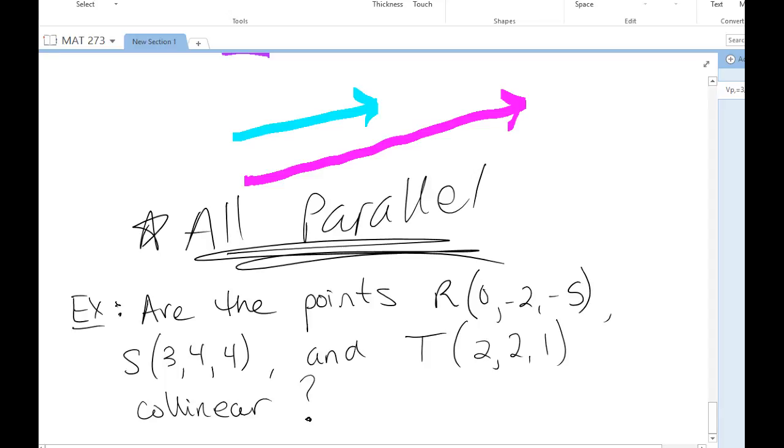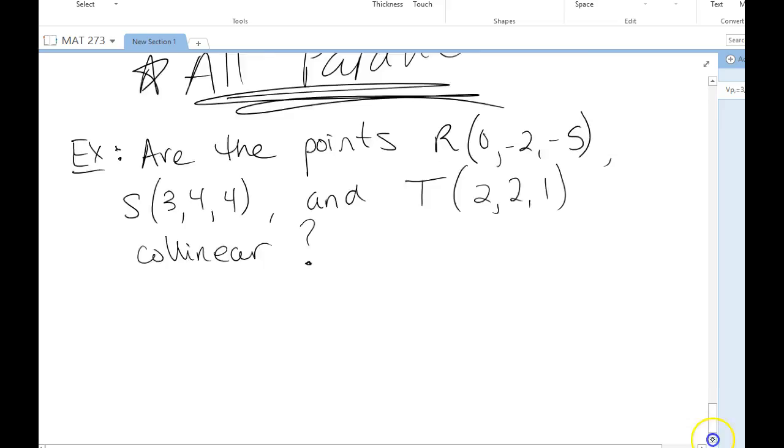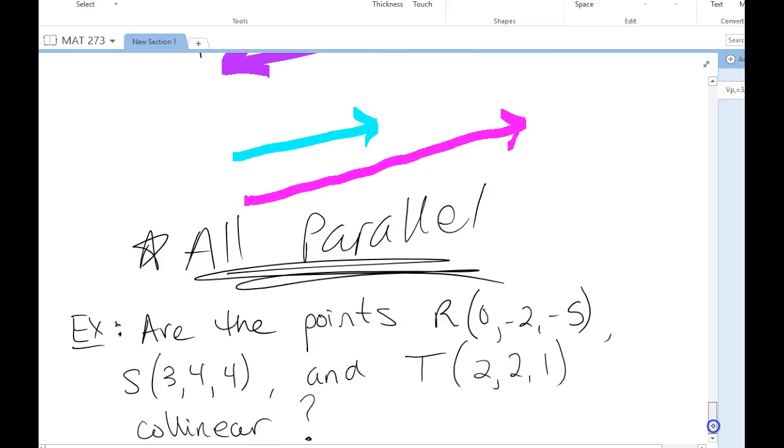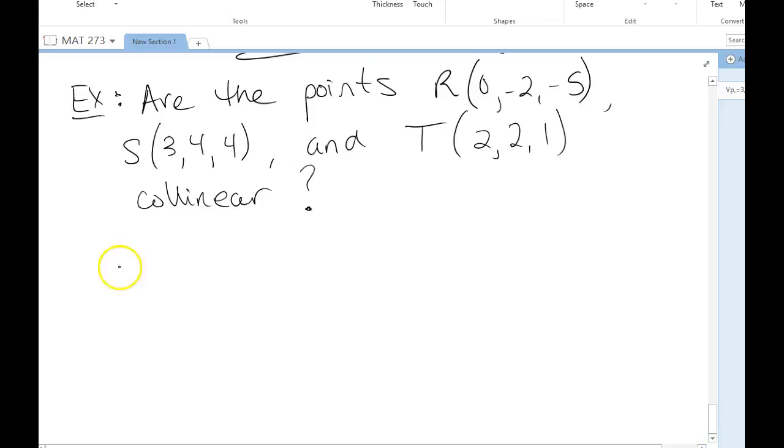We've got to make 2 vectors, and between those 2 vectors, all 3 points have to get used. So somebody tell me one of the vectors we're going to make. RS? Sounds good.